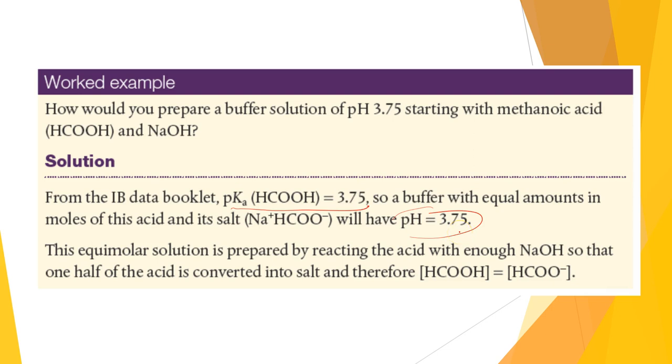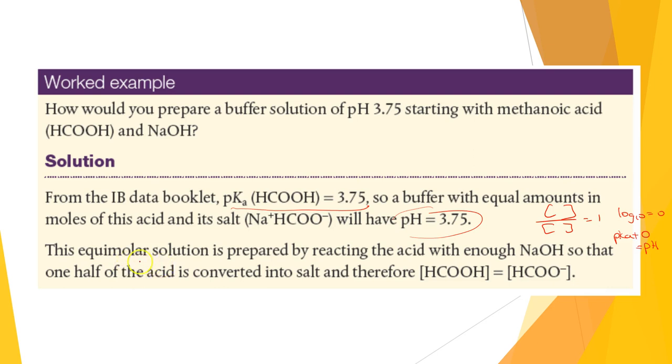Going back to our previous question, if the salt over the acid is equal to 1, then the log to base 10 is equal to 0, so the pKa plus 0 is equal to the pH. What this is saying is if we keep the concentrations equal, then the pH will equal the pKa.